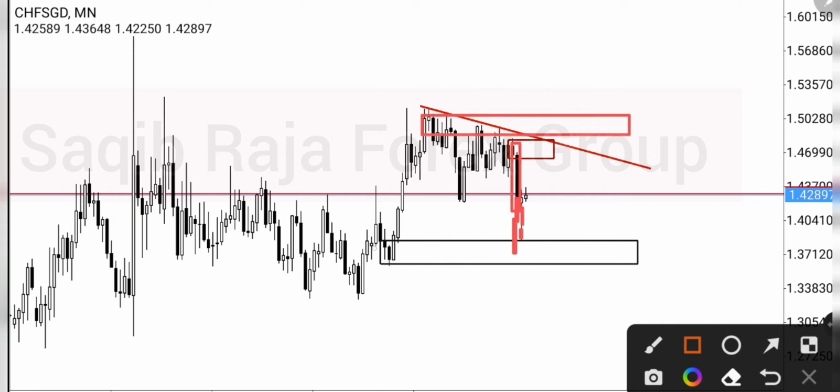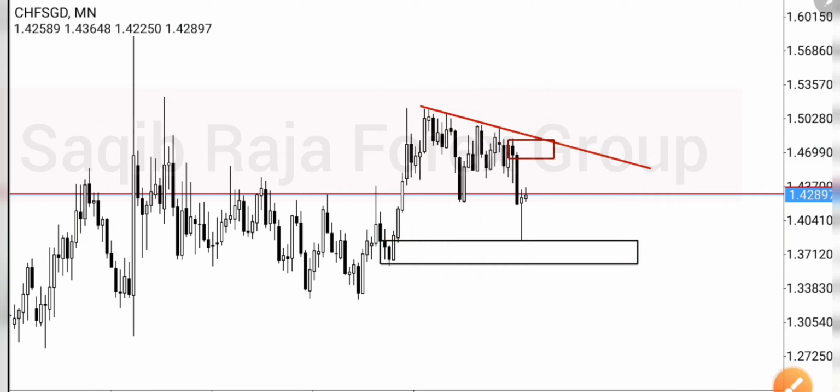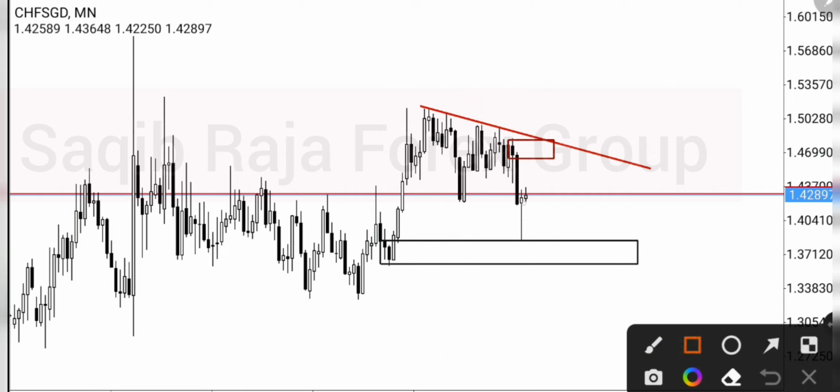So what happens now? We have reached our opposing area of the month chart, and it is time to move up. So we can use all the daily levels here. Maybe we see some daily levels here, any strong level. Or if you're using lower time frames than the daily chart, then also, but it's better to use the daily and monthly combo.